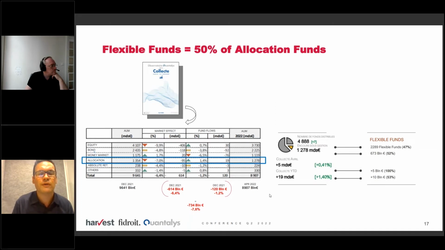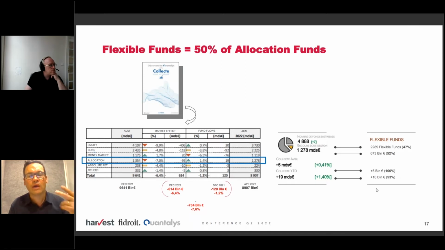So the market effect explains a decrease of 614 billion euro. But you also have net outflows of 120 billion for the industry, coming from the bond market and money market.